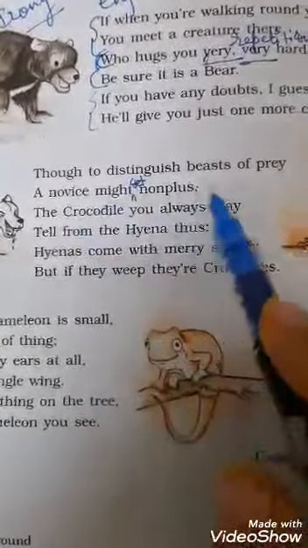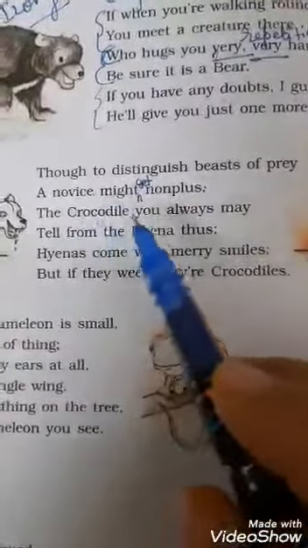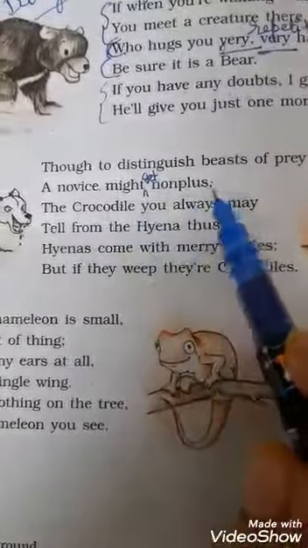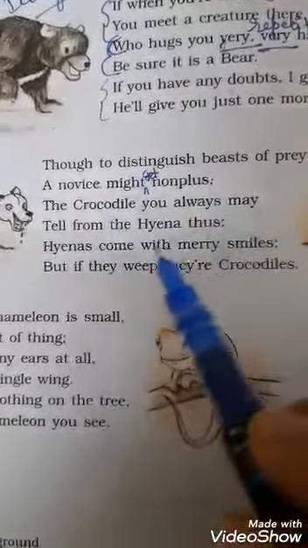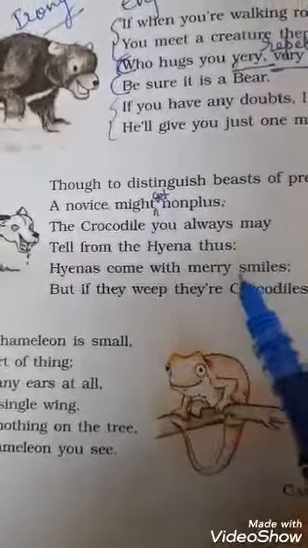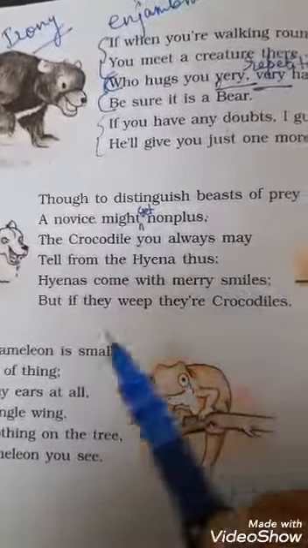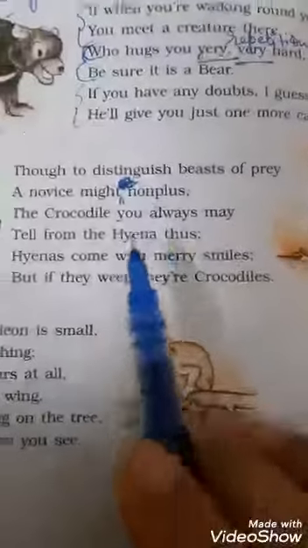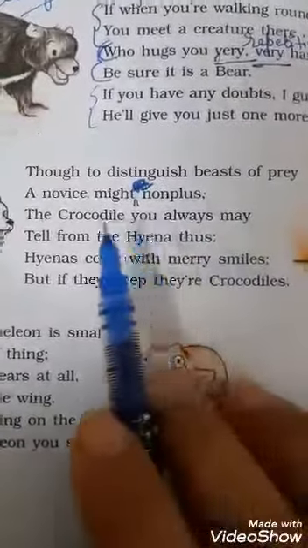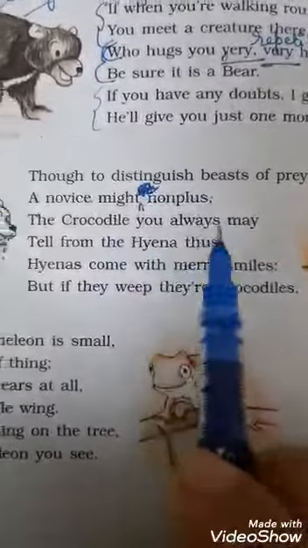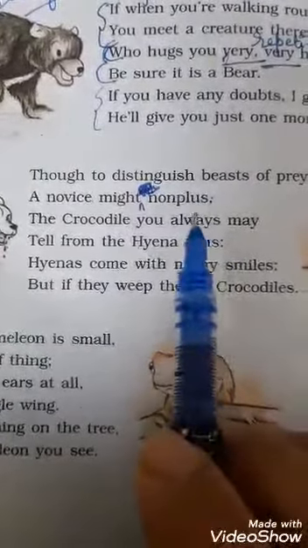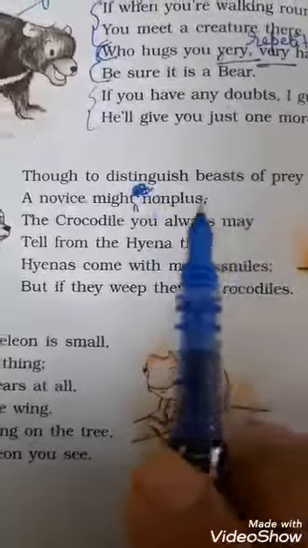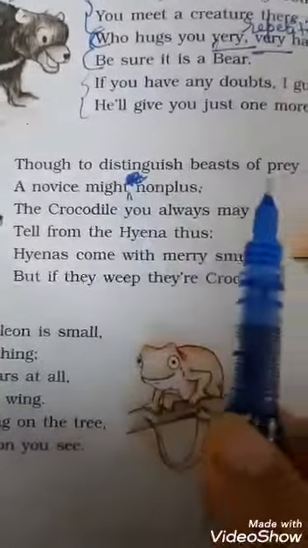Though to distinguish beasts of prey a novice might nonplus, the crocodile you always may tell from the hyena thus. Hyenas come with merry smiles, but if they weep, they are crocodiles. Though to distinguish beasts of prey a novice might nonplus. Here, the poet is giving you a hint how to distinguish between two beasts of prey.